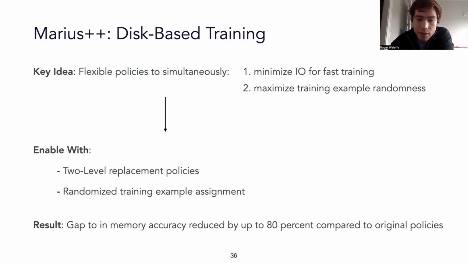And we also decoupled the greedy processing of training examples from the replacement policy, and instead randomly processed training examples to increase randomness. And with these new techniques, we were able to reduce the gap between the model quality of disk-based training and training with the full graph in memory by up to 80% compared to our original greedy policies.